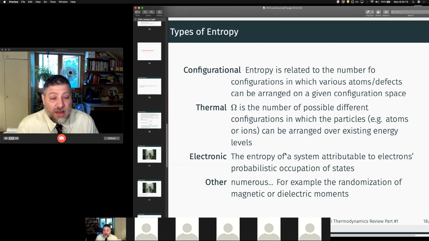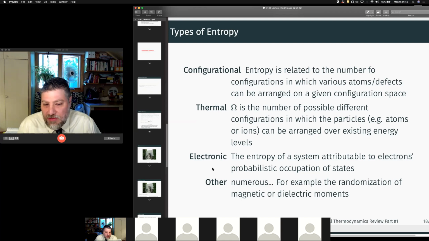The entropy attributed to electronic probabilistic occupation of states, the quantum or electronic entropy. And then we have entropy associated with randomization of magnetic and dielectric moments. And these are all really important for phase transformations. Why is mercury a liquid?